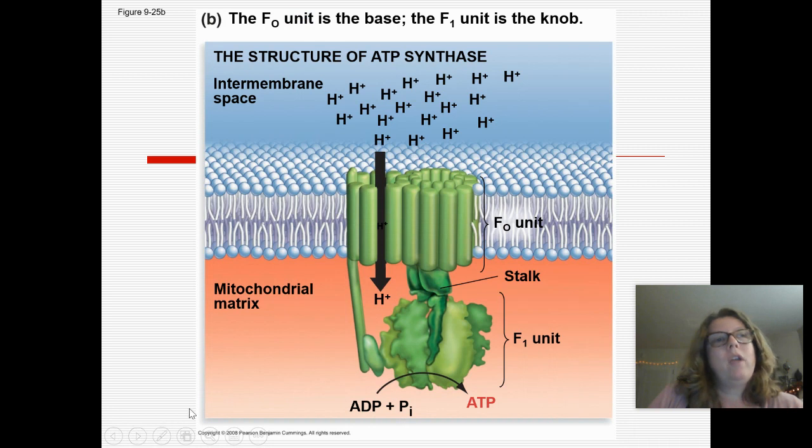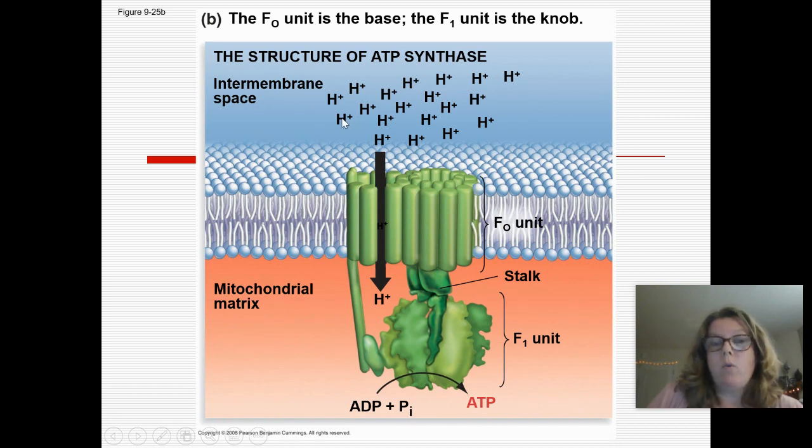So if we look in greater detail, this is the inner mitochondrial membrane, and this is the inner membrane space, and those electron transport molecules are kind of embedded in this membrane, sort of upstream from this and downstream from what you're seeing here. But as those electrons get dropped off by the NADH and the FADH2, these hydrogen ions start to build up in this inner membrane space, right?